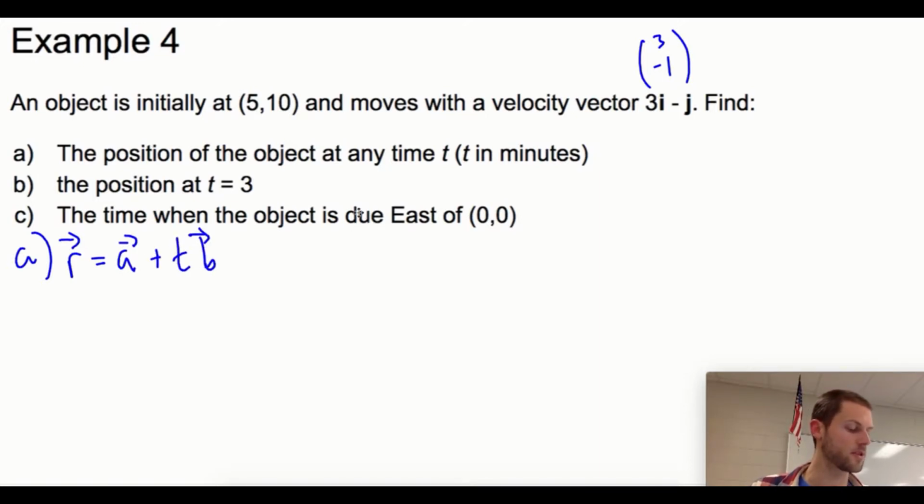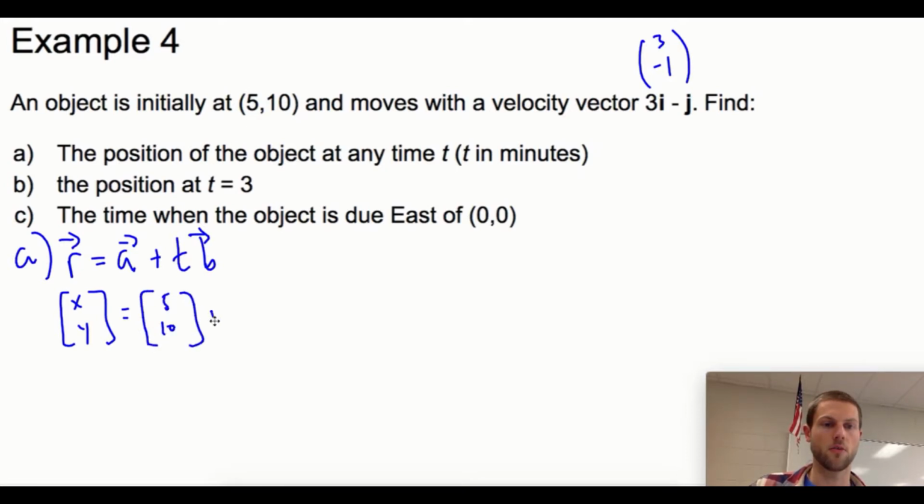And if I want to find the position, let's think about what we know about the vector equation given in this example. So this xy position vector should be given by my initial position vector, which is (5, 10), plus time times my velocity vector, which is (3, -1).